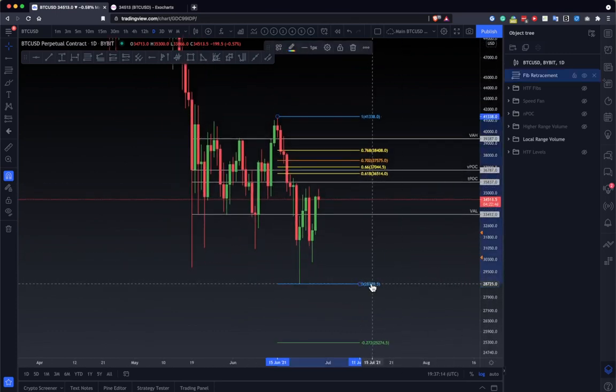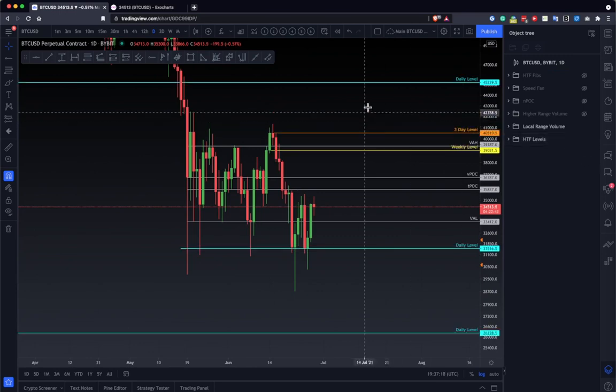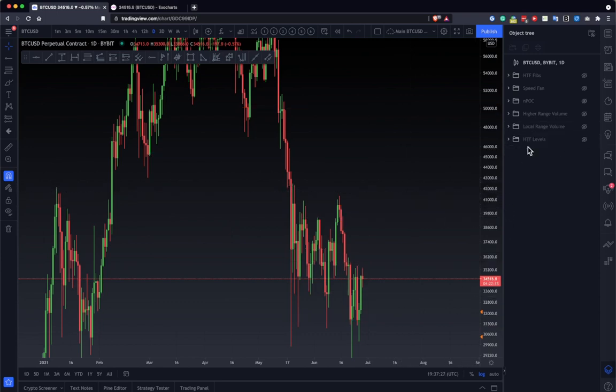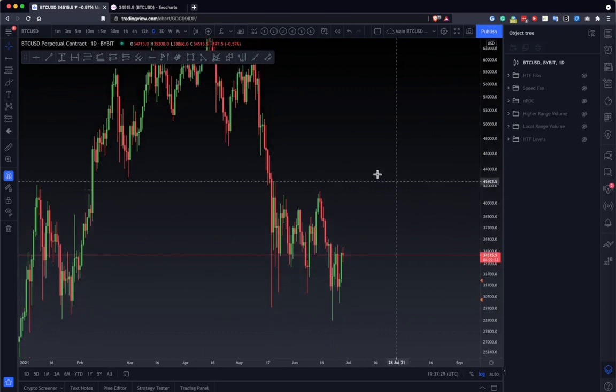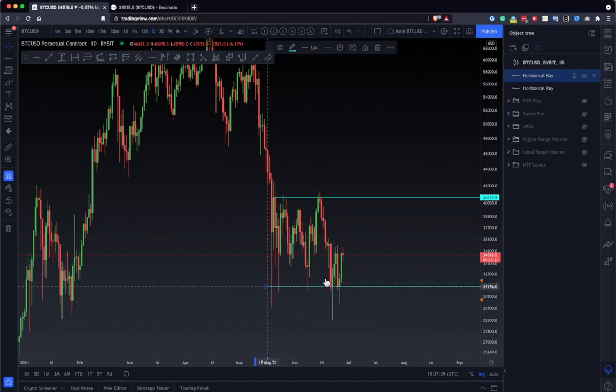The best trades for me are one of them at 43k. If we basically do that again, this is the range. You have the range high, you have the range low.